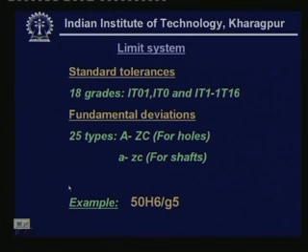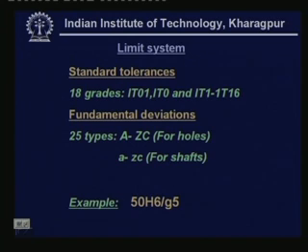And for that we have this situation, which is like this. A limit system is defined by standard tolerances, which are of 18 grades. Higher the grade means higher the tolerance, and fundamental deviations are of 25 types, as I mentioned, A to ZC.